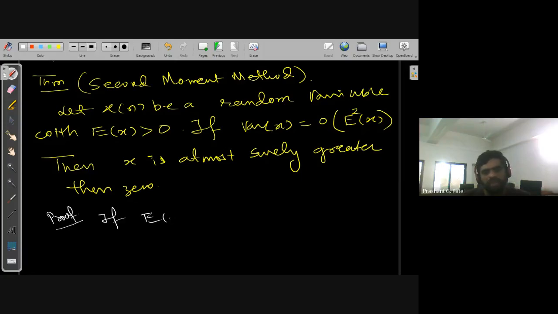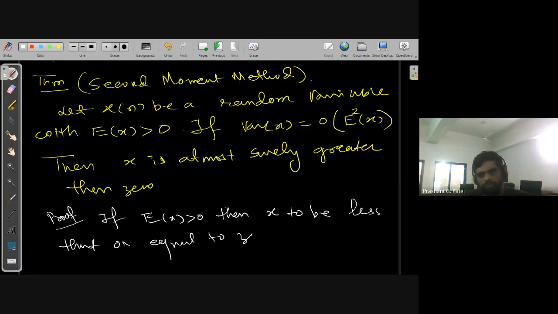If the expectation of X is greater than 0, then we can say that for X to be less than or equal to 0, it must differ from the expected value by at least its expected value.